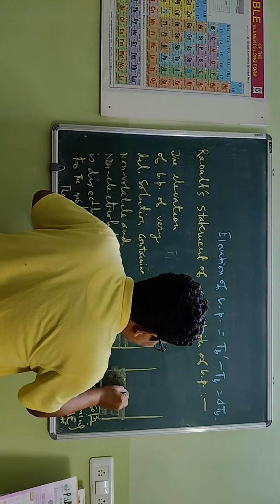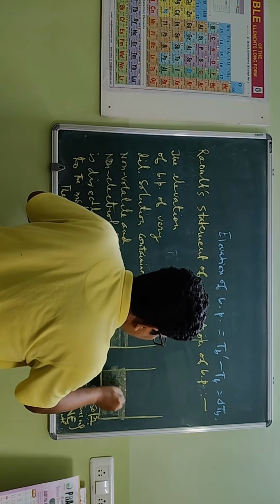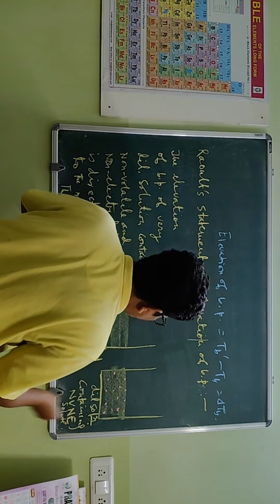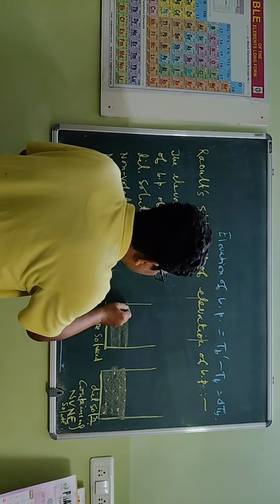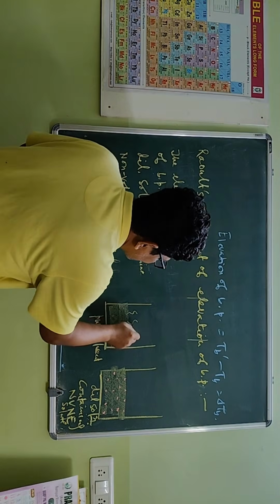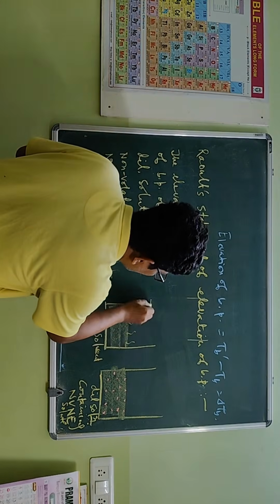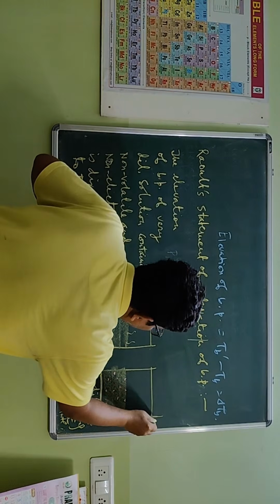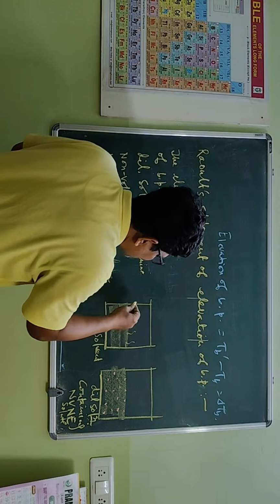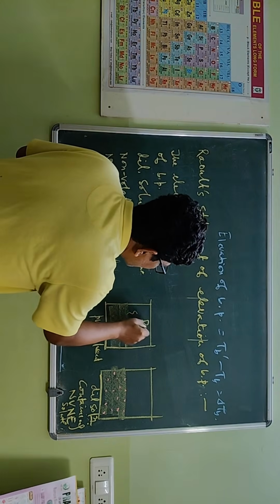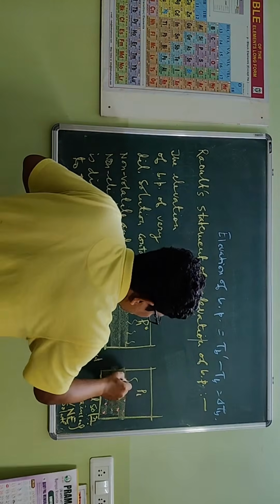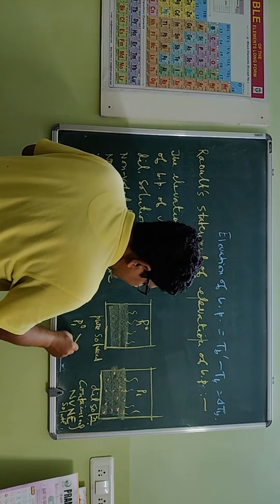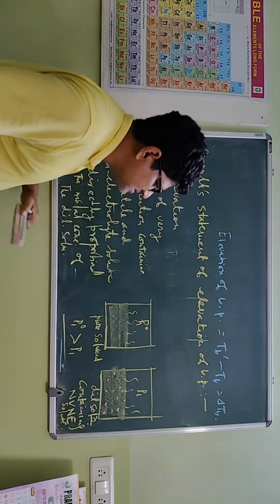That means at the surface of the dilute solution, non-volatile and non-electrolyte solute is also present, whereas in the pure solvent only solvent molecules are there. So obviously the accumulation of vapors will be more in the pure solvent, and that's why the vapor pressure at a particular temperature is P1 naught here and P1 there. So this P1 naught is always greater than P1, as we know from our statement.